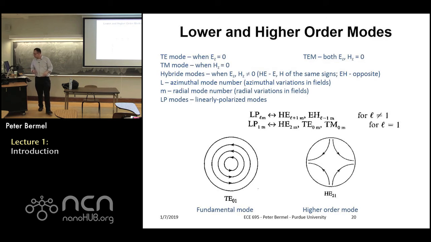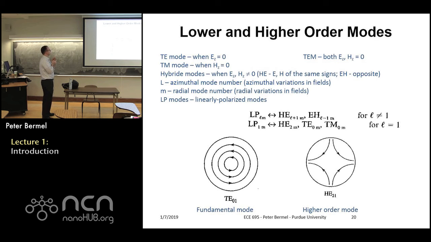But the TE modes, strictly speaking, are when the Z component of the electric field is 0. So as you go into the fiber, you see exactly 0 electric field in that direction. And a TM mode is the same for HZ being 0.